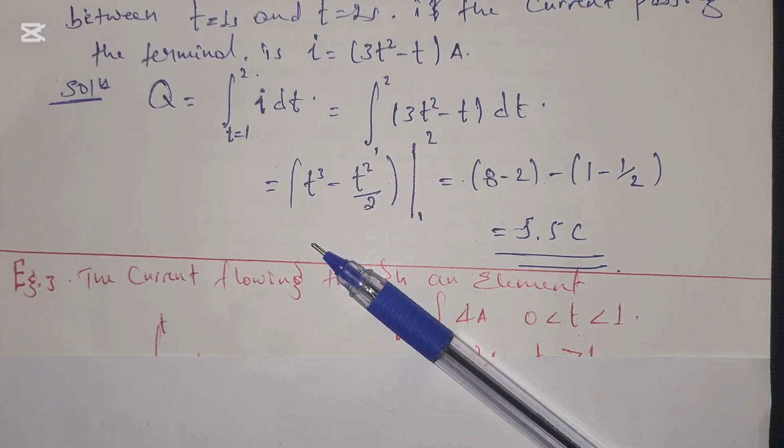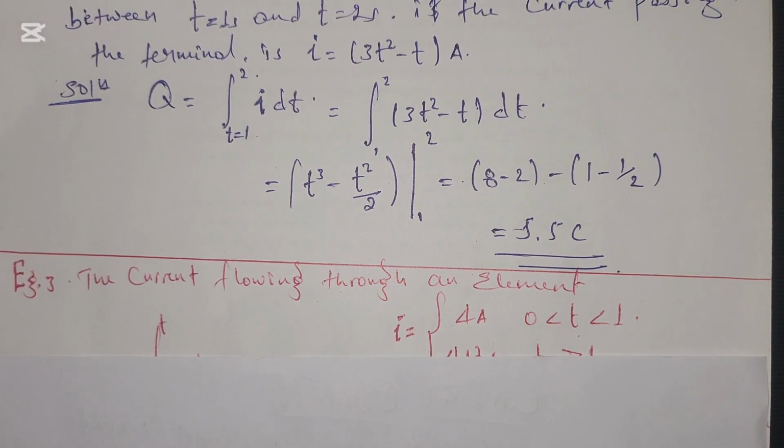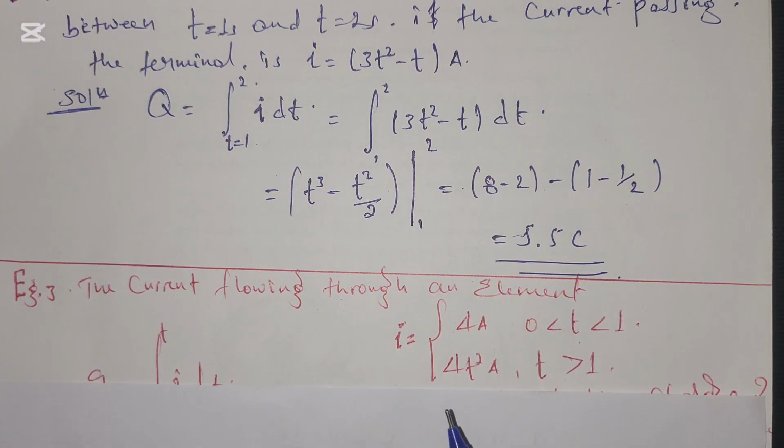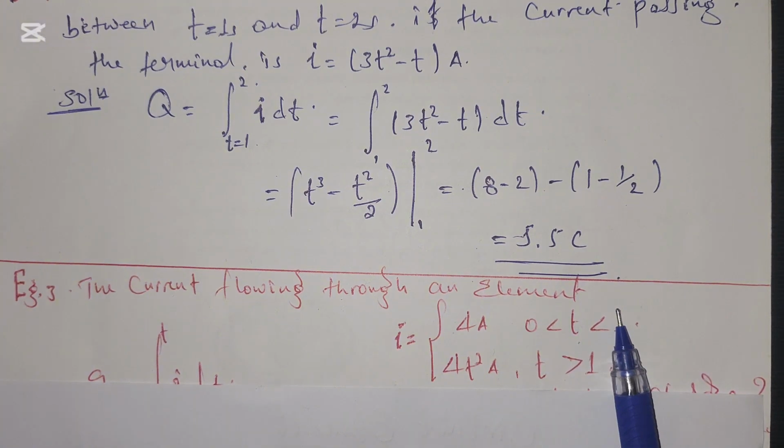Okay guys, let's go through the third problem again. The current flowing through an element is i equals 4 ampere when t is between 0 and 1, and the current is given by 4t squared ampere when t is greater than 1.